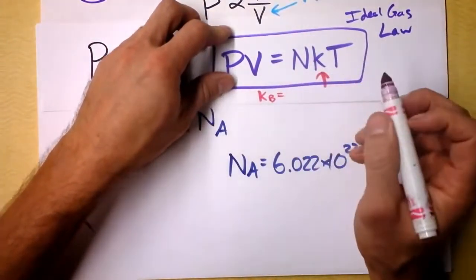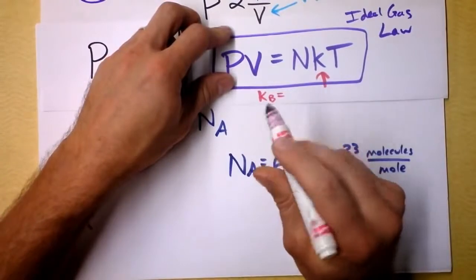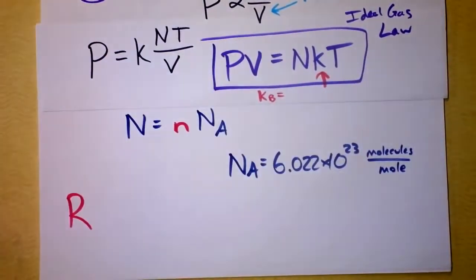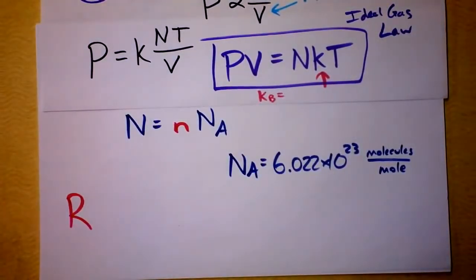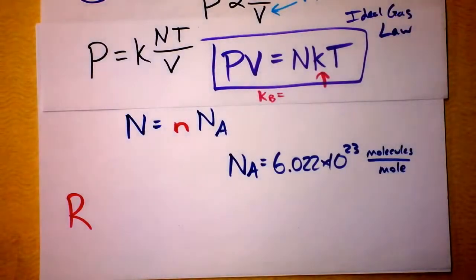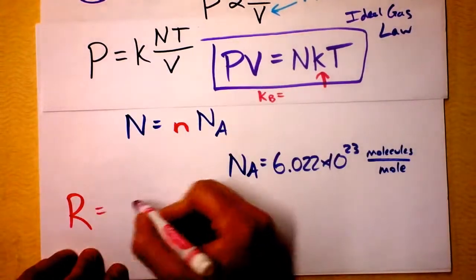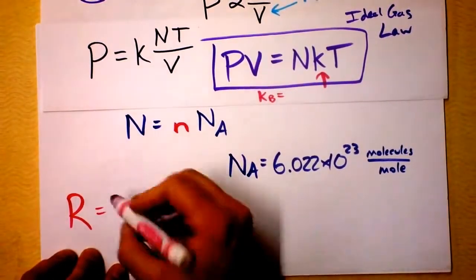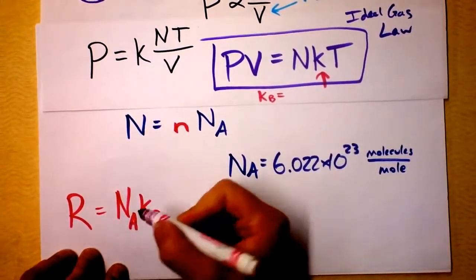Boltzmann's constant is, oh man, that's some number. You can look it up. I think it starts with 8. No, just kidding. You can look up Boltzmann's constant because I don't have that in front of me right now. But the ideal gas constant is Boltzmann's constant times Avogadro's number.